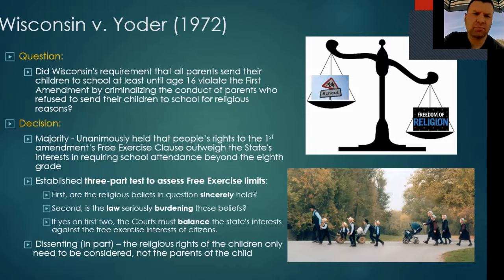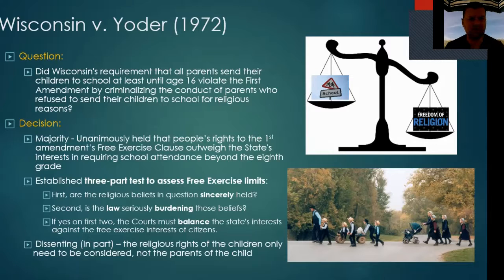All right, another religious-based case here, Wisconsin versus Yoder. This had to do with the state's requirement that students go to school until they are 16, and whether or not that violated the Amish belief that public schooling in general, outside of the home, corrupted their children's religious beliefs.